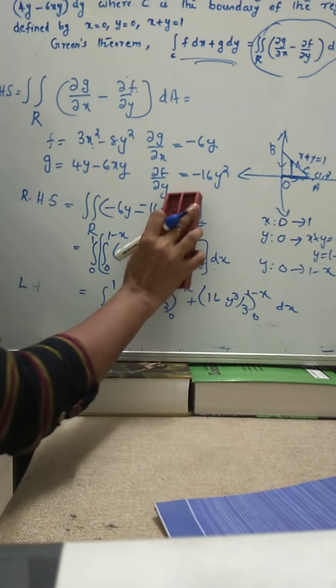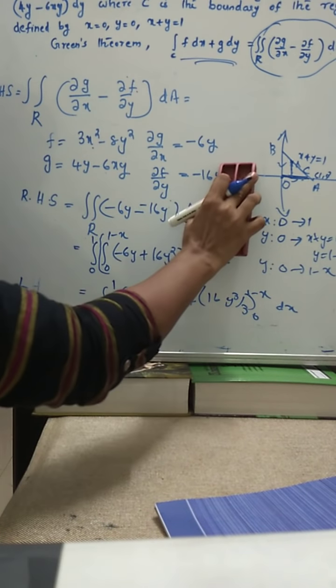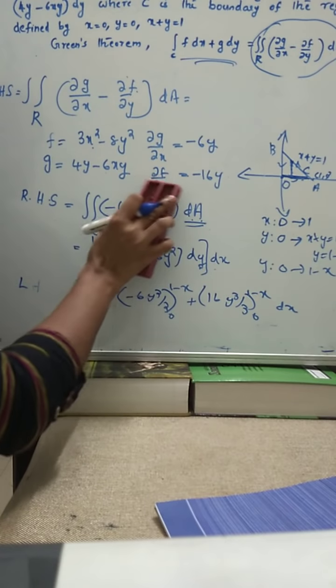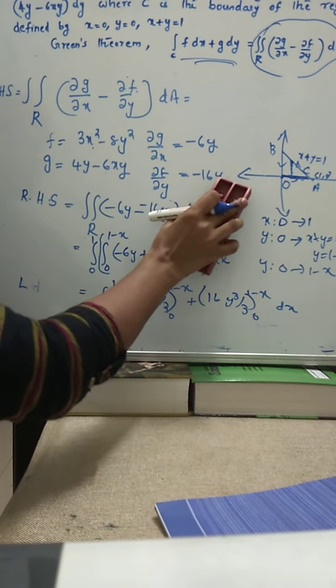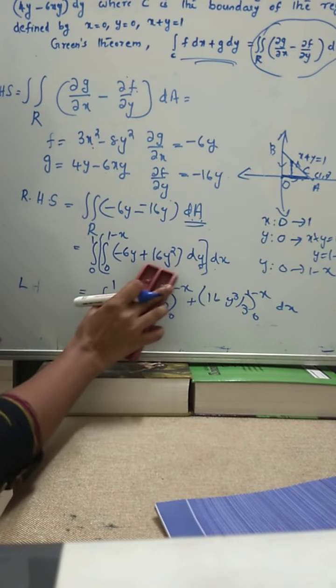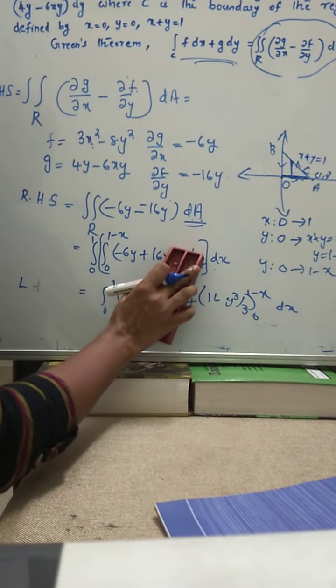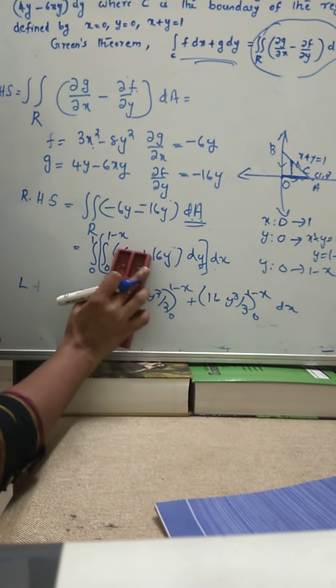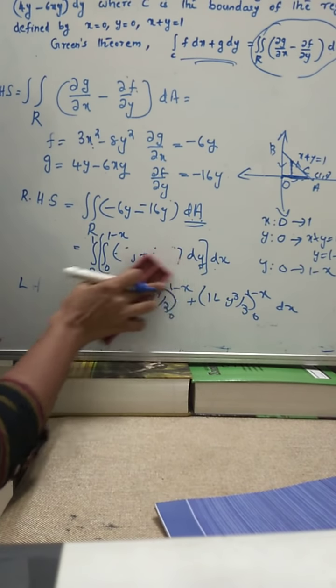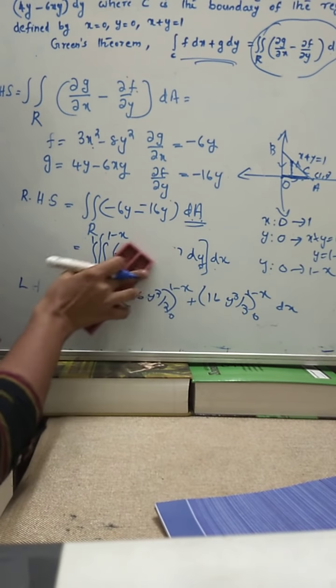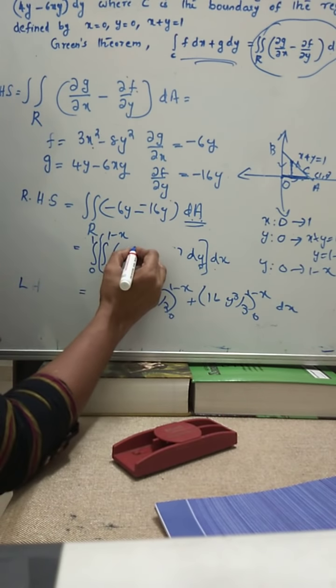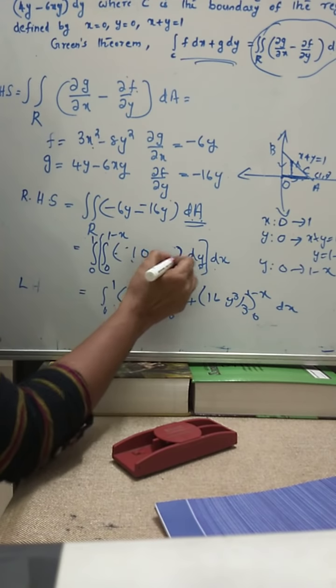Sorry, there is a small mistake. You can see that ∂f/∂y is 16y, so we will get minus 6y plus 16y. So here itself it is equal to 10y dy.